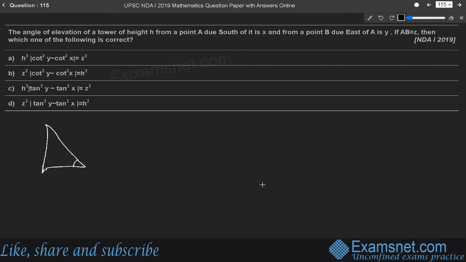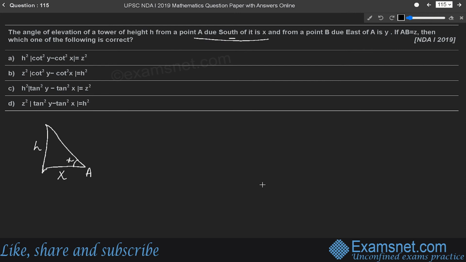Let this be the angle of elevation, which is x, and the height is h. This will be x and this will be A. Now this is for when a point due south of it is x. So we have made the diagram for this particular situation.